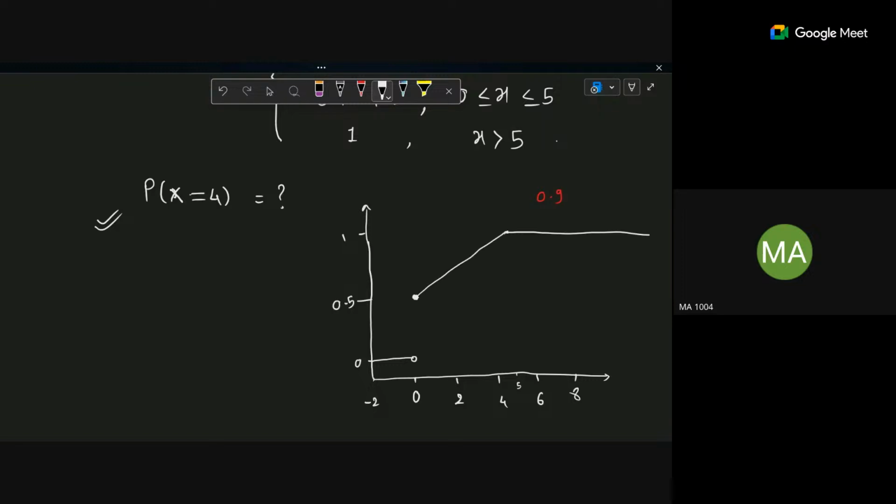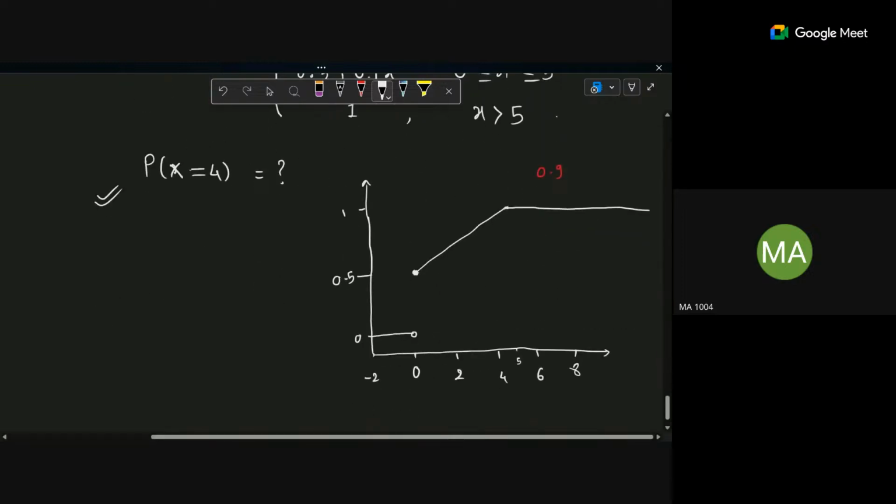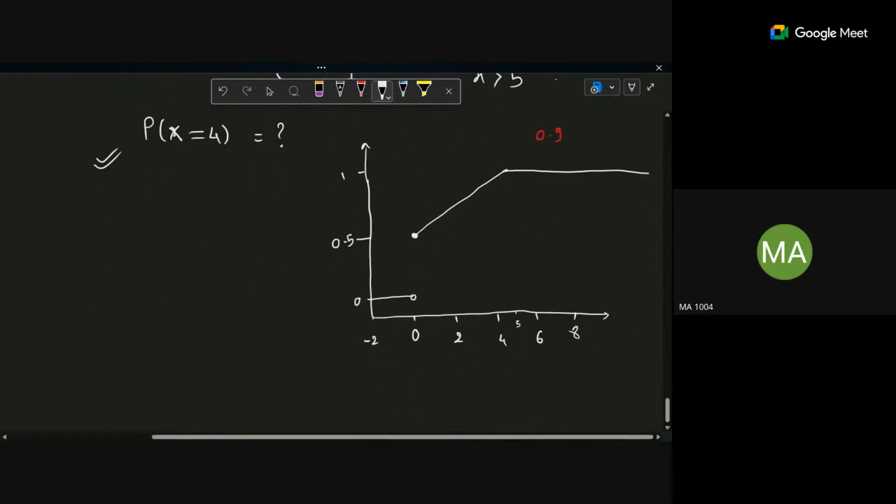Now you just tell me if it's a continuous or discrete random variable. You told me it's a discrete random variable. If it's discrete, then just look at the graph after 0. After 0, is it continuous or discrete? Continuous, right?